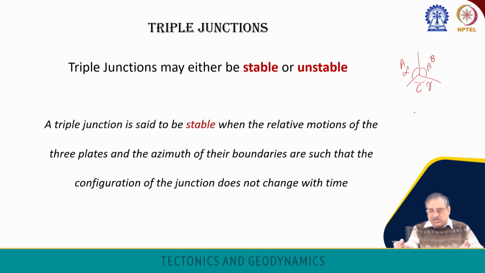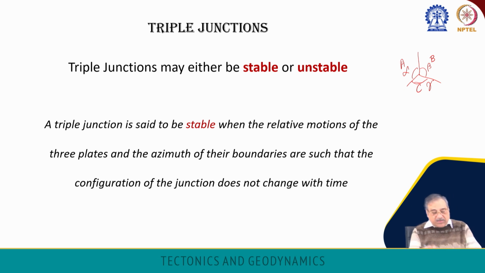At the next instant of time, this geometry will remain identical. So the three boundaries will be oriented exactly in the same manner, and they will make the same angles that they made earlier with each other. So you'd have an angle alpha between this boundary and this boundary, a beta angle between this one and this one, and a gamma angle between these two.